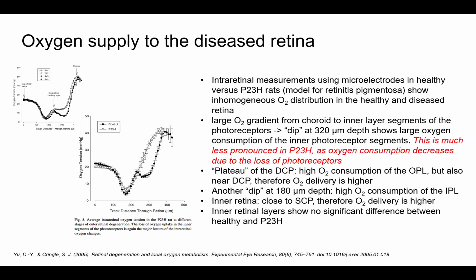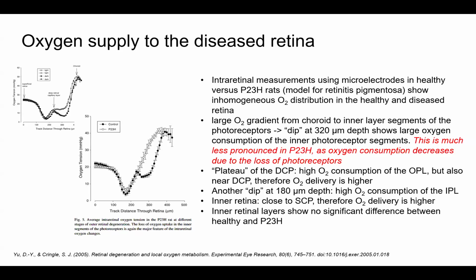And in this animal model, it was found that retinal oxygenation is higher in retinitis pigmentosa because there is photoreceptor loss, and because of this, the oxygen consumption is lower.